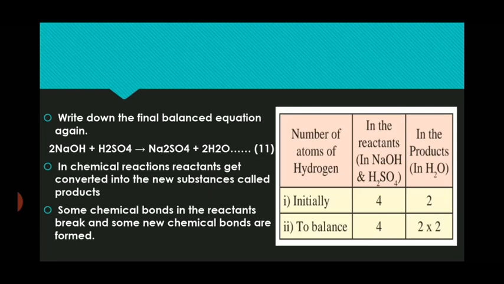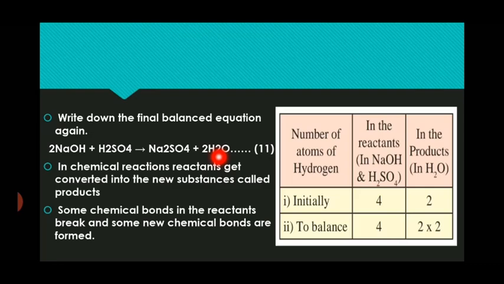Write down the balanced equation again: 2NaOH plus H2SO4 arrow Na2SO4 plus 2H2O.